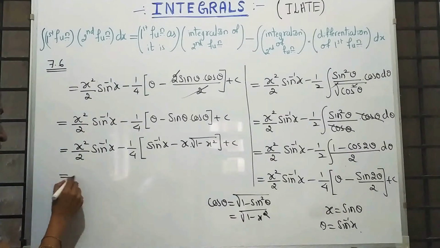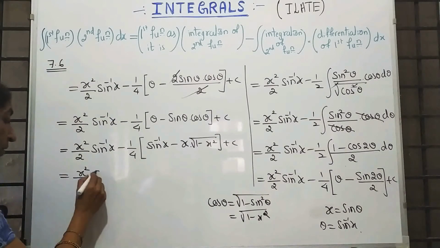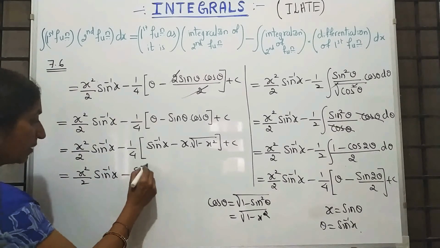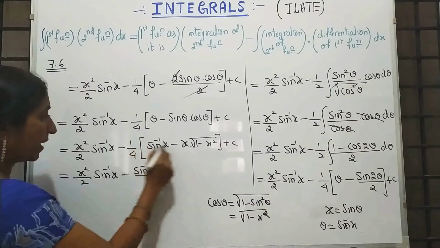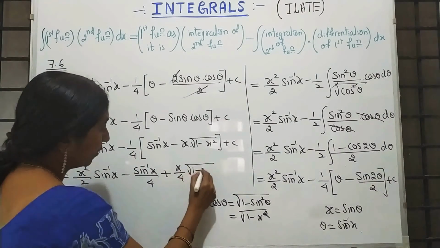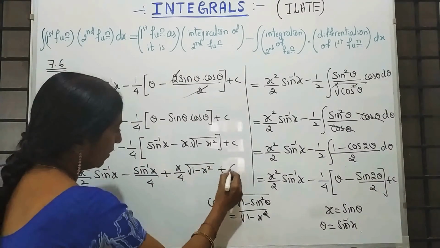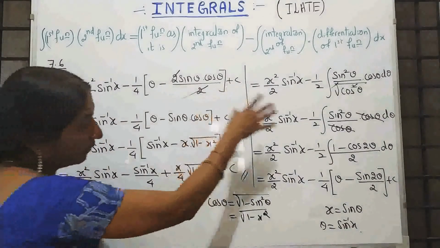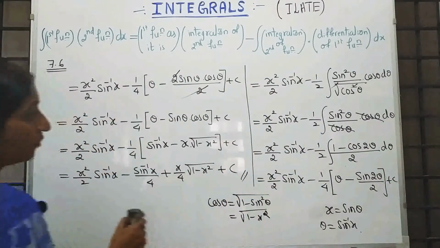You can write one more step. This is x square by 2 sine inverse x minus sine inverse x by 4, minus into minus becomes plus, x by 4 into root of 1 minus x square plus c. So even though it is by parts, after that we have to go for the method of substitution.